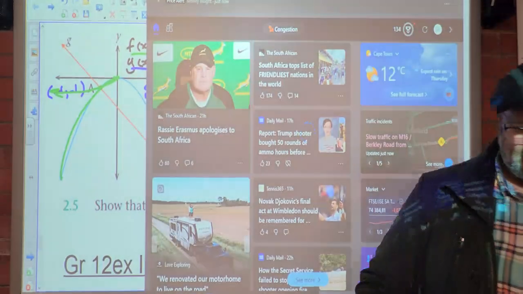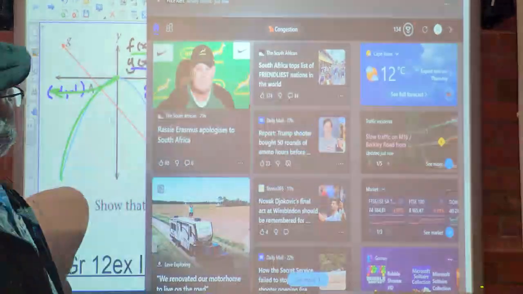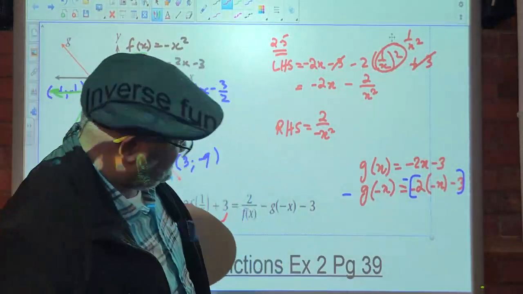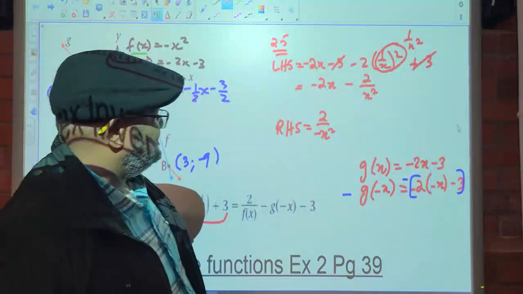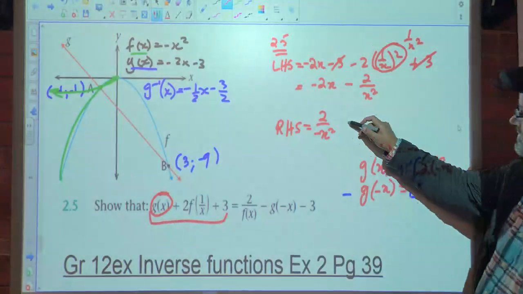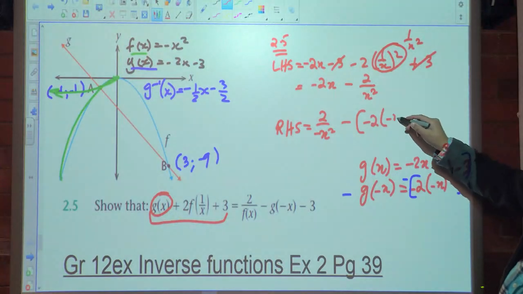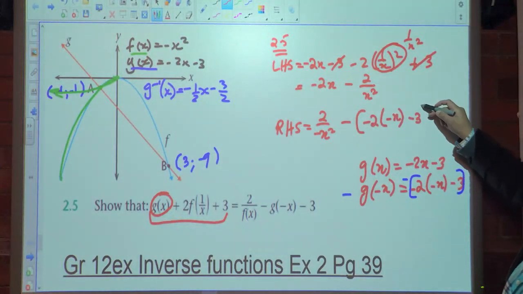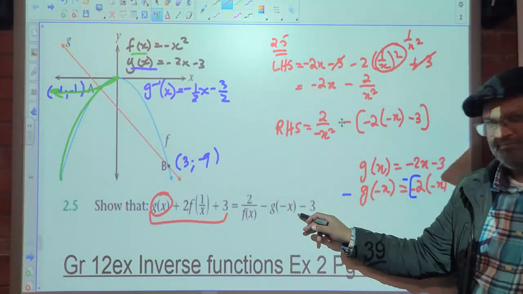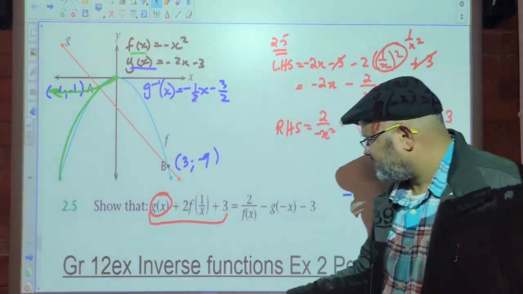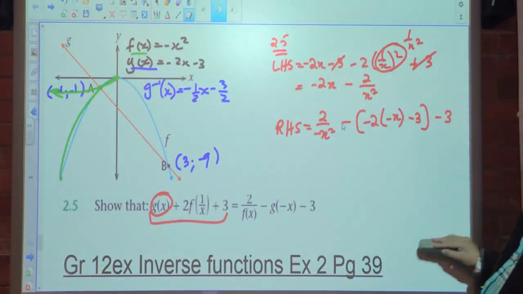I'm feeling better about myself. People, so what do we have? Negative into negative 2 into negative x minus 3, which is that part there. Minus 3. Let's go.